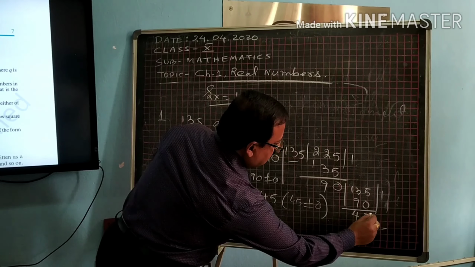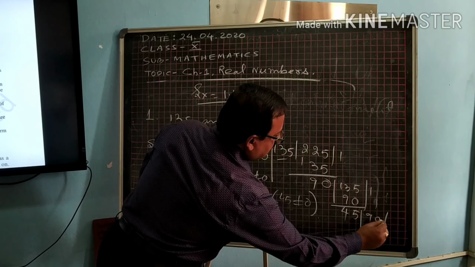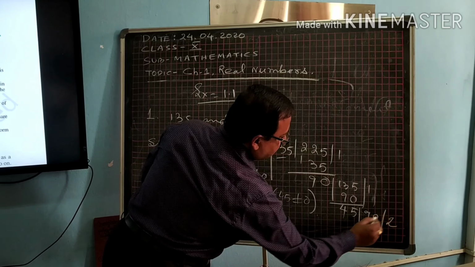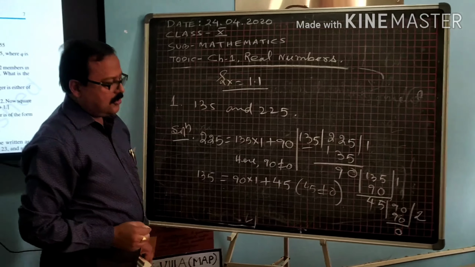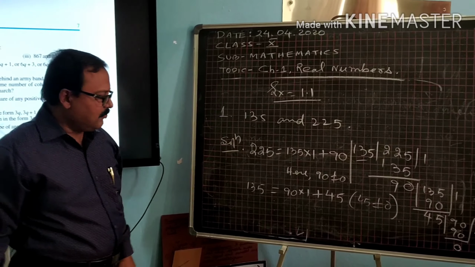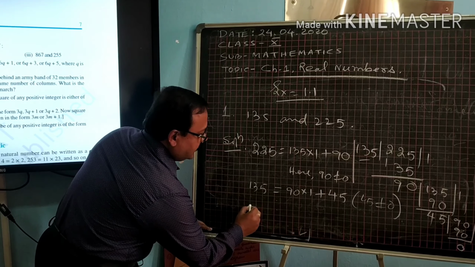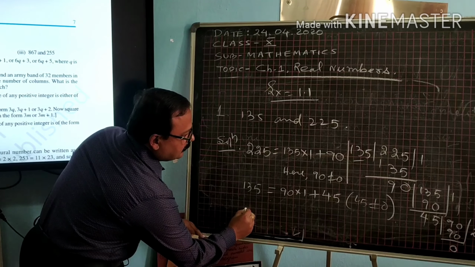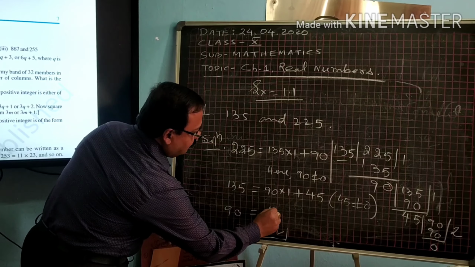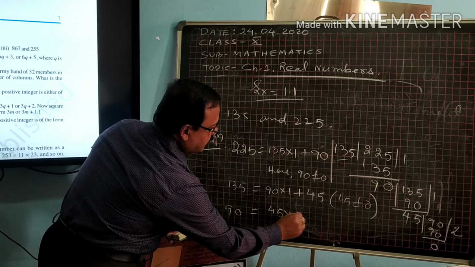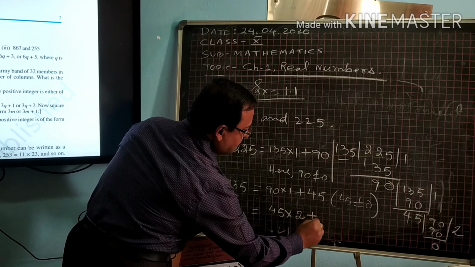What is this? 90 divided by 45, 2 times, that is 90. The remainder will be 0. Then your process is completed. Then again you write 90 equal to 45 into 2 plus 0.